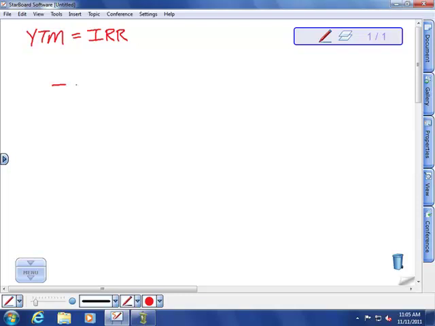So, for instance, let's just look at a one-period investment where we expect to receive $110 1 year in the future and costs $100. We can easily calculate what's called the internal rate of return. It's the rate of return inherent in those particular cash flows.